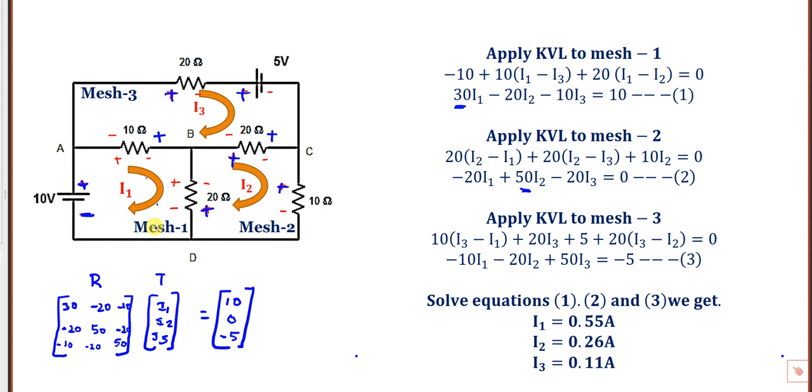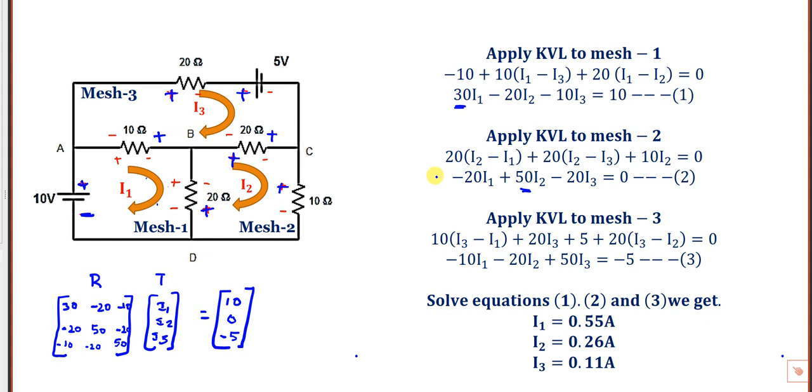If you are using another type of notation, where minus to plus is taken as positive, a rise in voltage as positive, then throughout you multiply by negative.